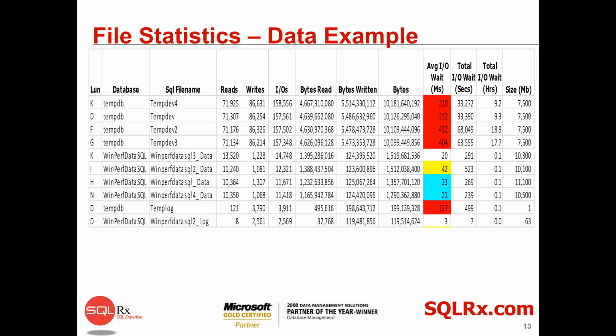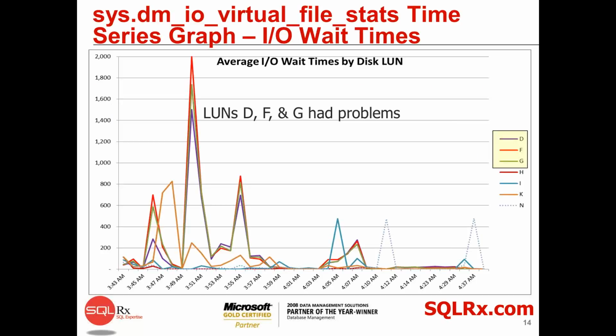So now pictorially, which is where this gets to be more powerful, you can see very clearly that D, F, and G had a lot of problems. These are average wait times in milliseconds, and you can see those should be down in the 20s and lower, or maybe at most 30, and here they are in the 2000s.